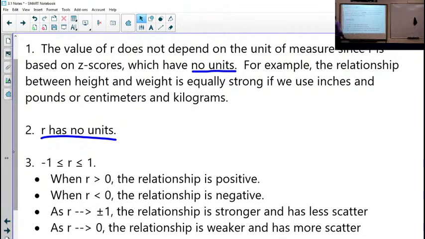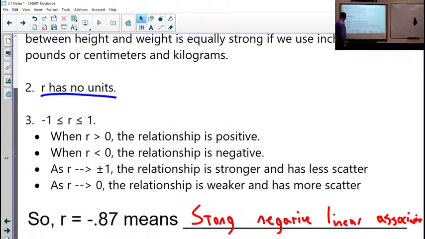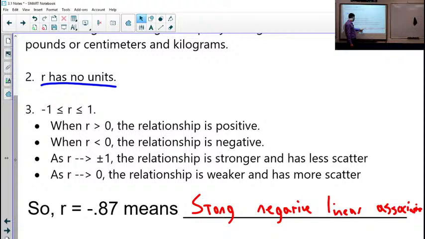So I had -0.87. Well, that gives me strength. The 0.87 is a fairly strong association, and then the negative tells me that we have a negative linear association. The actual scatter plot tells me that the pattern is linear.